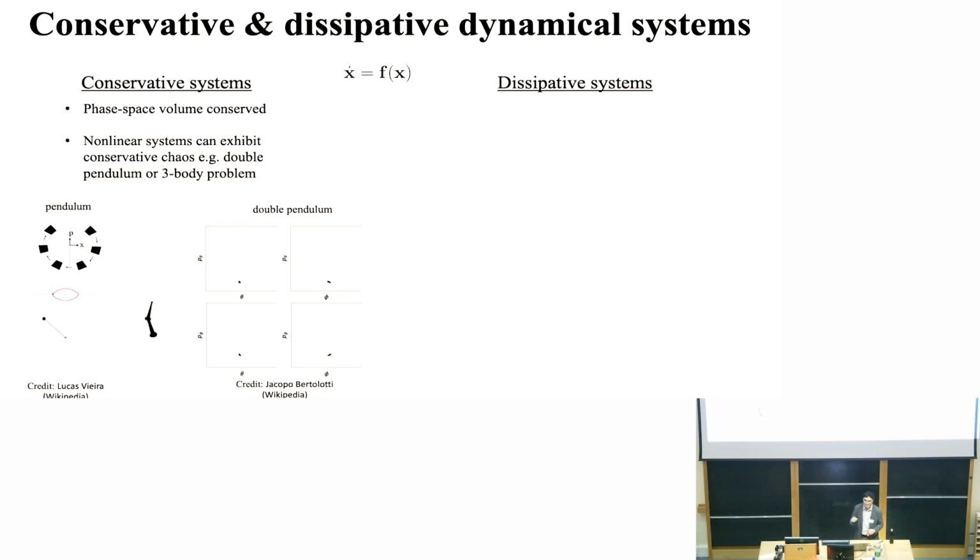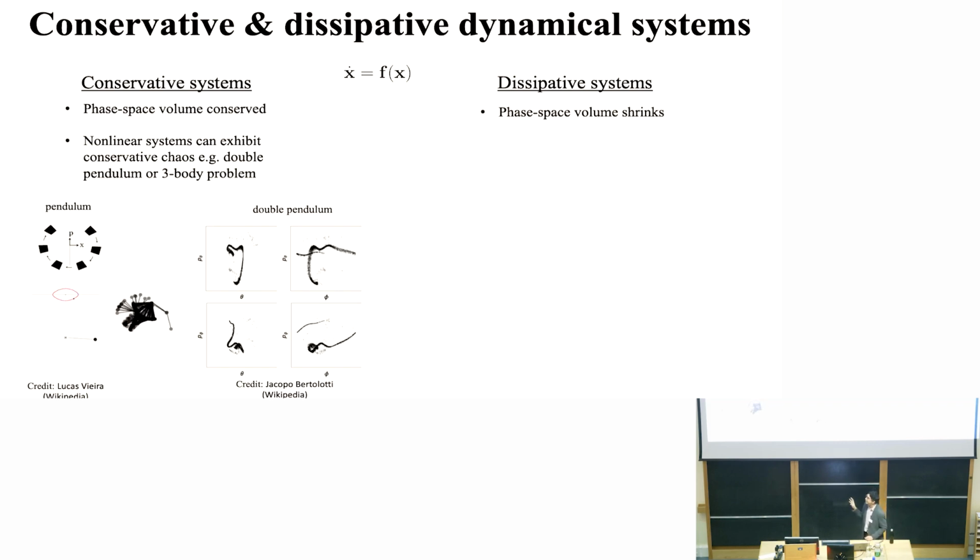You can see that the initial patch is stretching, bending, and folding in complicated ways. But it's a conservative system, so the overall volume of that patch will stay conserved. There is a very well-established mathematical framework for understanding chaos in this type of system, called conservative chaos or Hamiltonian chaos.